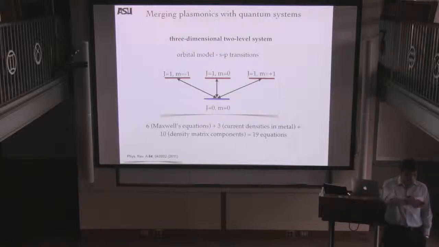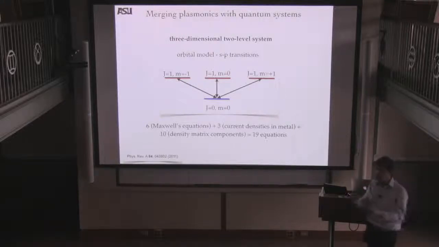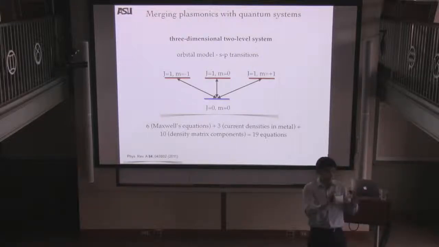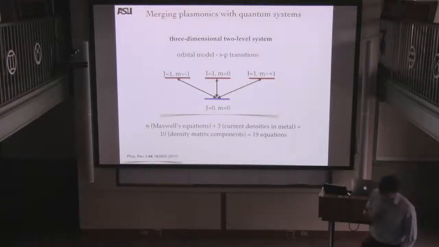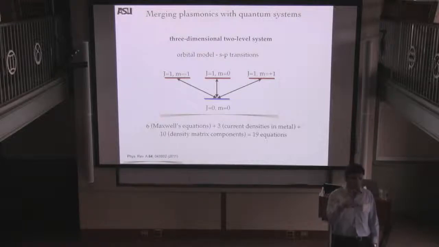So the polarization changes with time and with the spatial coordinate, which means that you have to include all possible projections of the electric field on the laboratory frame, which means that your two-level emitter is not really a two-level emitter in 3D. It has all 3 sub-levels, and we take that into account, of course.